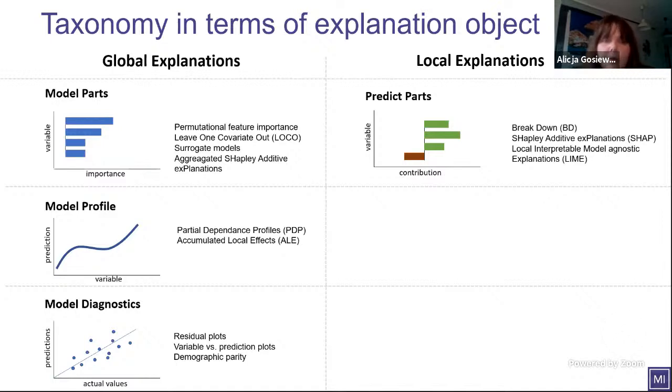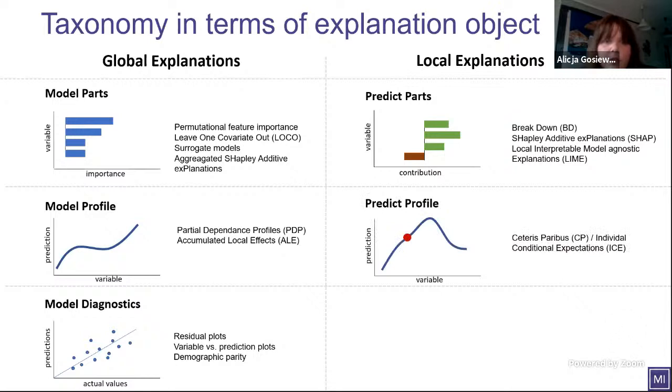So the most common ways to explain predictions are predict parts methods that show the impact of variables on the final prediction for a particular observation. So for a client, that might be her or his age or gender or something else. And here people use methods like breakdown, like SHAP or LIME. We can also would like to see the profiles for an observation.